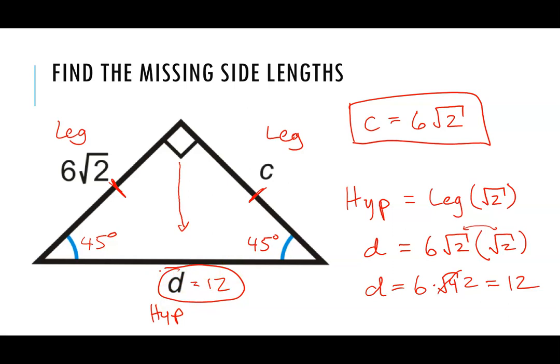A lot of people think that because there's a square root 2 relationship between the leg and the hypotenuse, the hypotenuse always has to be written with a square root of 2. But that's not true. If the leg already has a square root of 2 in it, then multiplying by the square root of 2 will make it come out to just be a nice integer value.